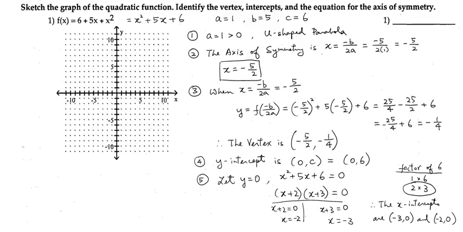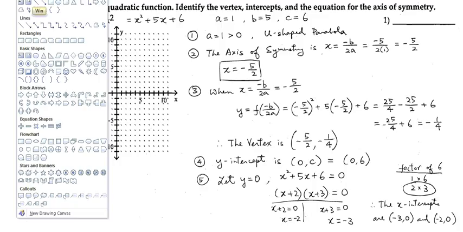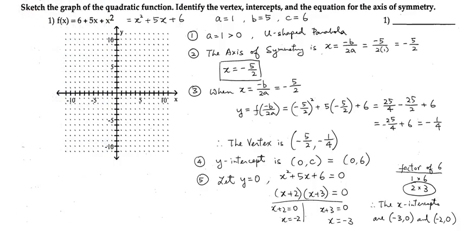So let's see if we can get a line, right? We will get a vertical line passing through x equals to negative 2.5. Now, if they already giving you the scale, congratulations, you don't have to do it yourself.